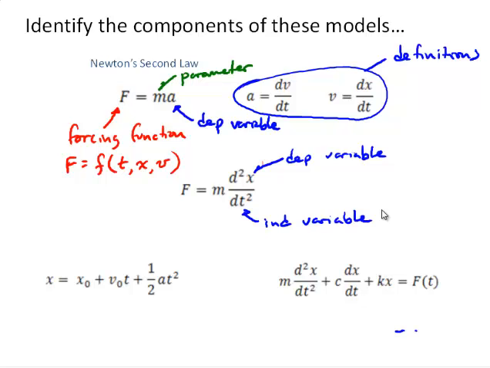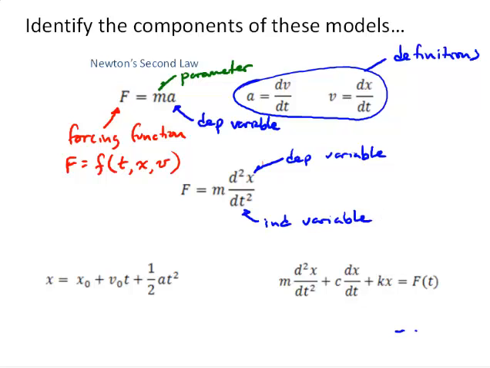So in our first model for Newton's second law, we had no independent variable. There was no time or space variable that served as our independent variable. In our differential equation model for Newton's second law, we do have an independent variable, time.